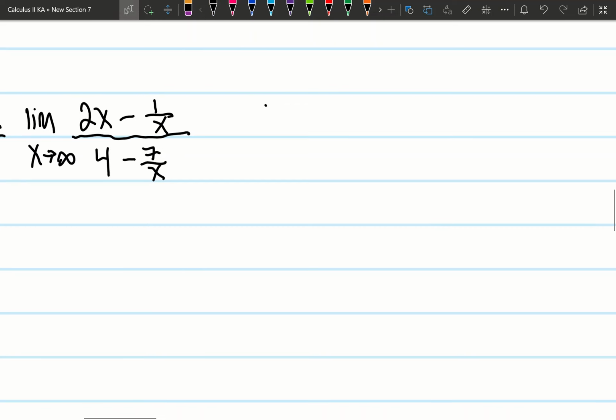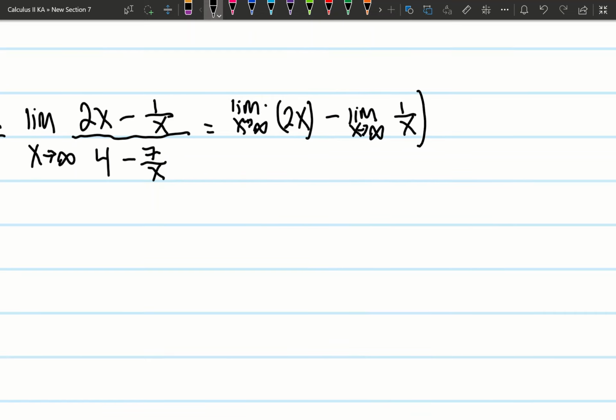And this is going to be equal to the limit as x approaches infinity of 2x, minus the limit as x approaches infinity of 1 over x.